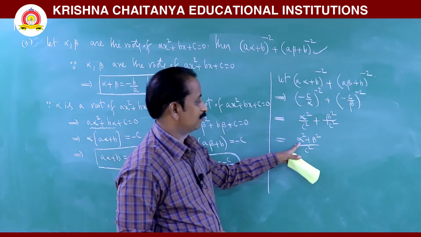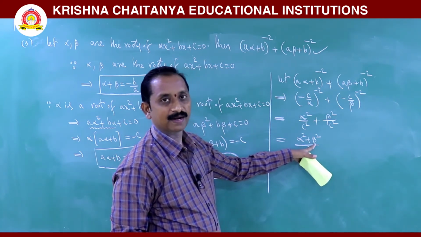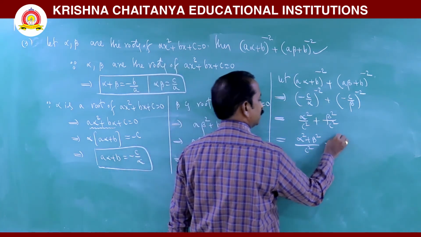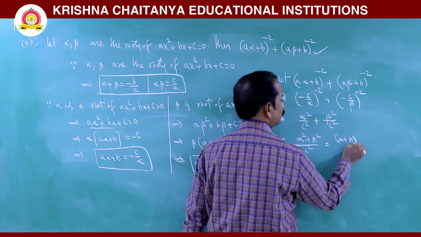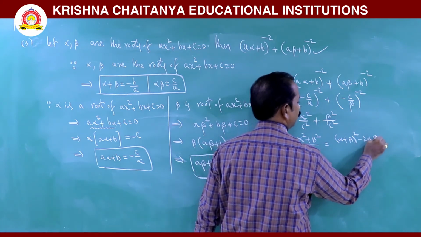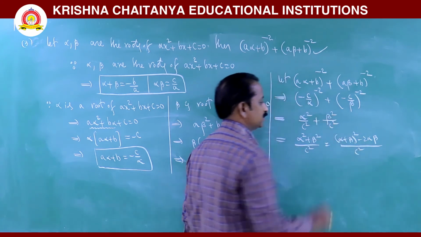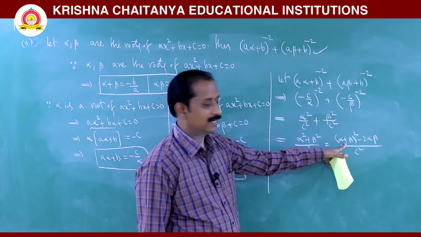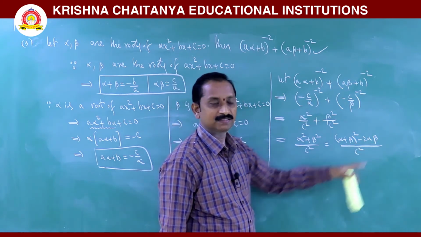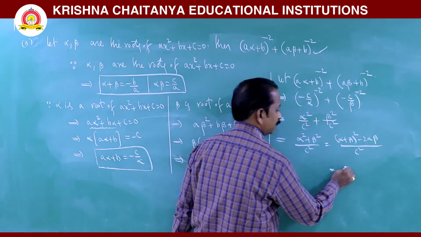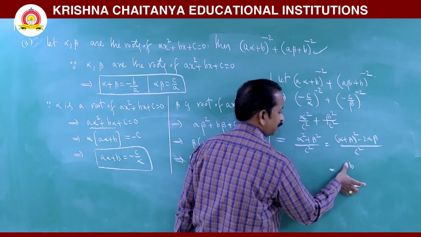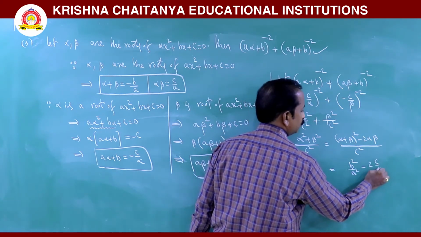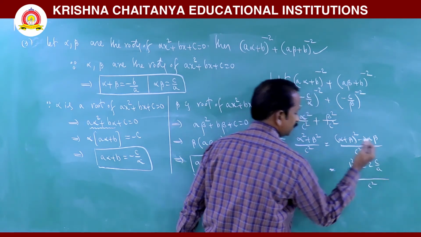But it is in the form a square plus b square. We can write (a plus b) whole square minus 2ab. So we can write (alpha plus beta) whole square minus 2 alpha beta, divided by c square. But alpha plus beta is nothing but minus b by a, and alpha into beta is nothing but c by a. So we can write (minus b by a) whole square, meaning b square by a square, plus 2 into c by a, divided by c square.